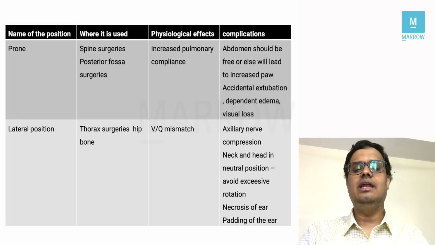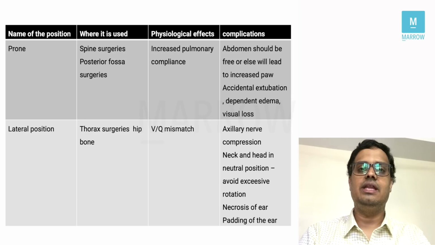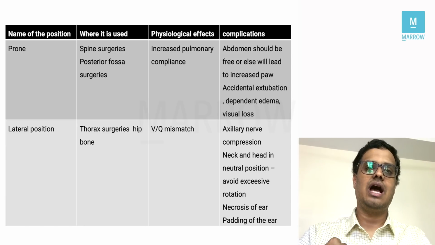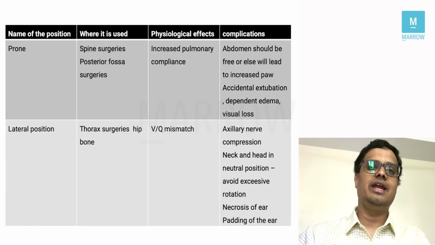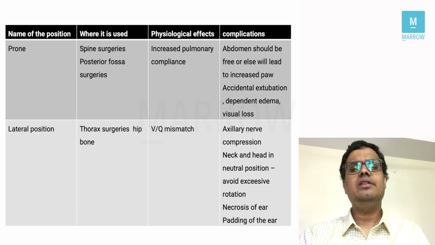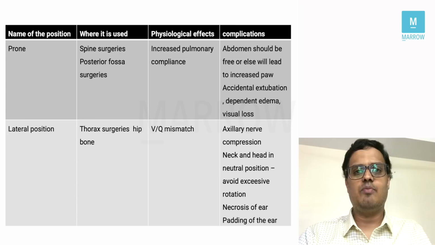So if you accidentally nick a vein, air will be sucked into the venous system, and from the internal jugular vein it directly enters the heart, and it leads to sudden cardiac arrest. Right? So from the surgeon's point of view, sitting position might be a good option, but from the anesthetic point of view, it might not be, because we need to be very, very vigilant in identifying venous air embolism.